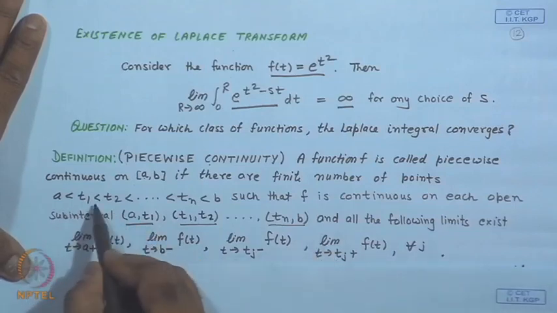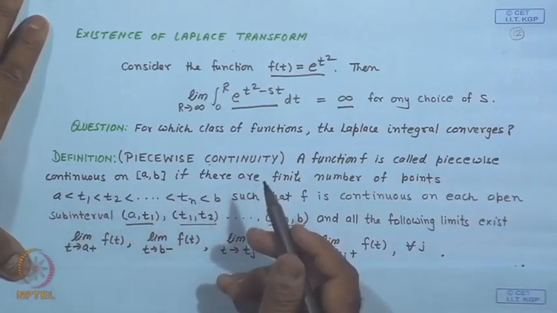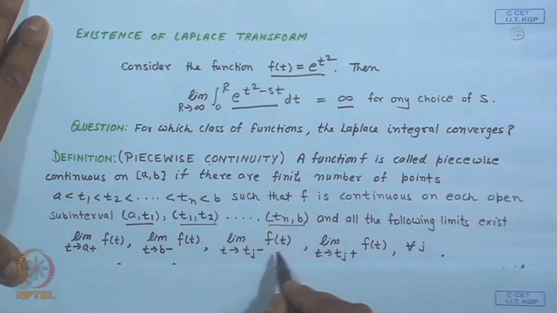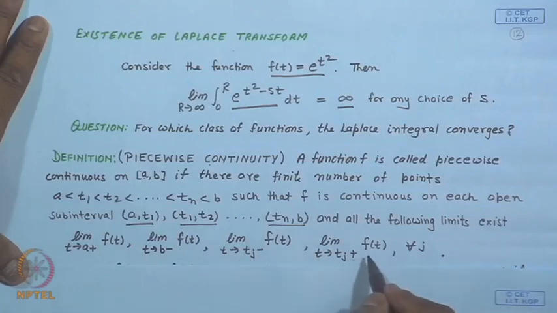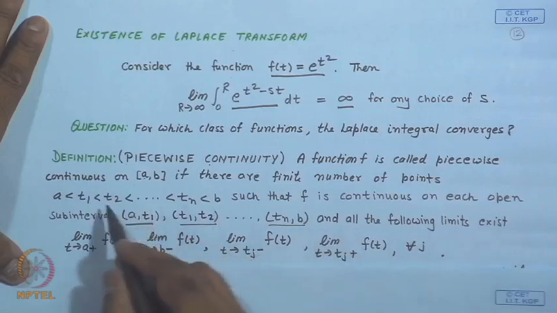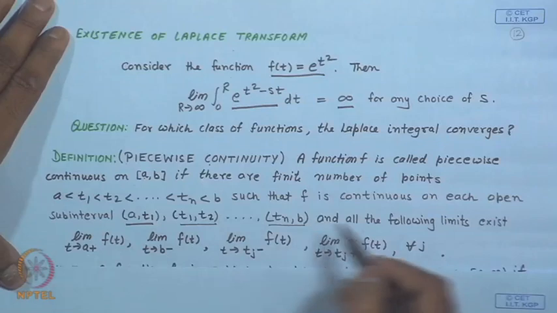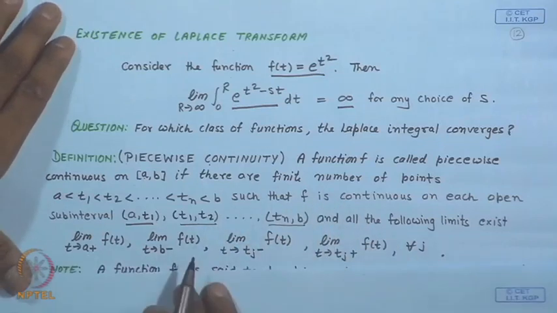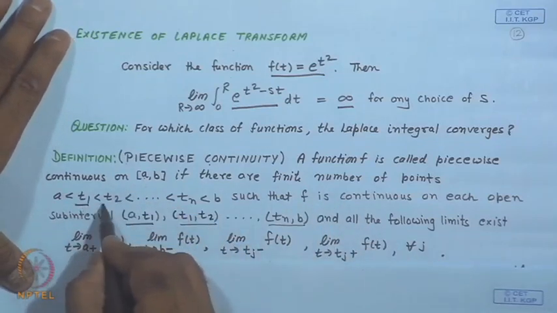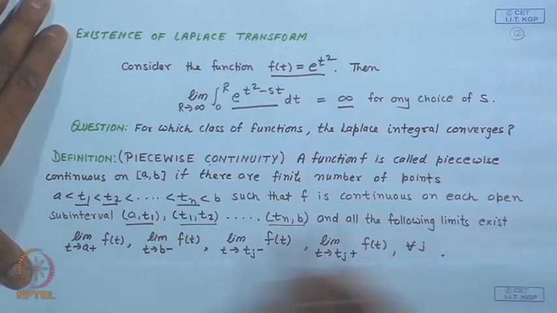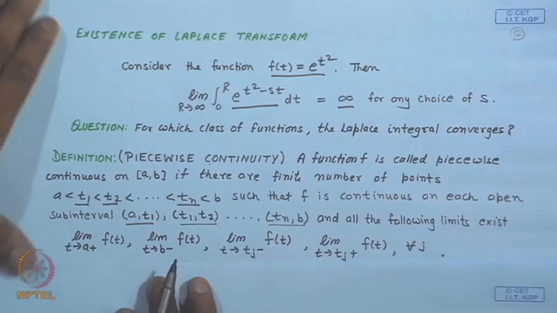And at all these points t 1, t 2, up to t n where the function is not continuous, both the left and right limits should exist for all j, so j equal to 1, 2, 3, up to n. So this is a piecewise continuous function. The function is basically continuous other than these points t 1, t 2, t n, and if the following limits exist, then the function is said to be piecewise continuous.